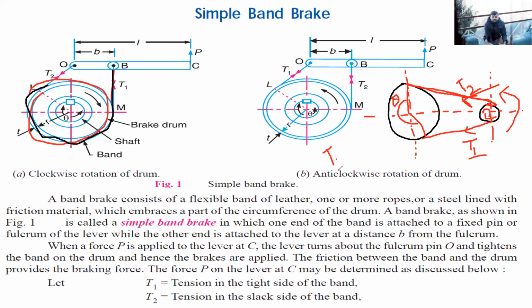That is T1 upon T2 is equal to e to the power of mu theta. I hope you remember these equations for the case of belt drive. This mu is the coefficient of friction, this theta is the angle of wrap, which is taken in radians, and T1 and T2 are the tension forces taken in newtons.